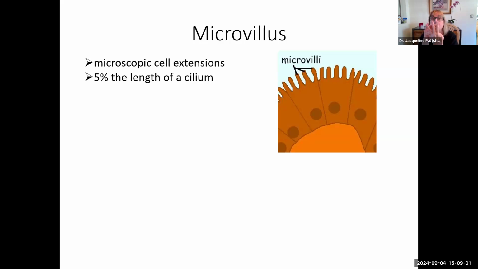Now these finger-like extensions are called microvilli. Think microvilli, and that's because they are short like this instead of long like your cilia. A cilium is 20 times longer than a microvillus, so a microvillus is only 5% the length of the cilium.